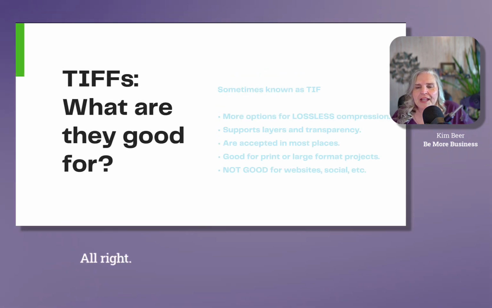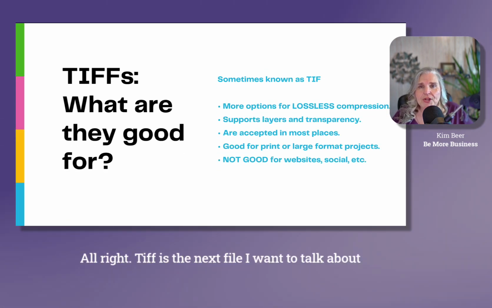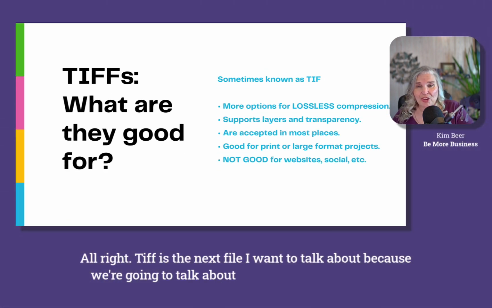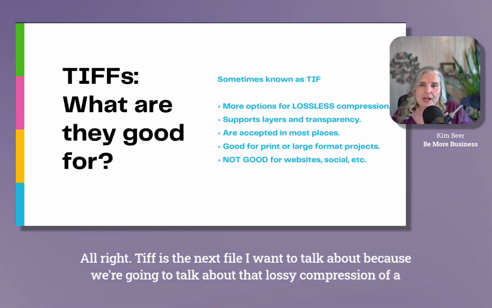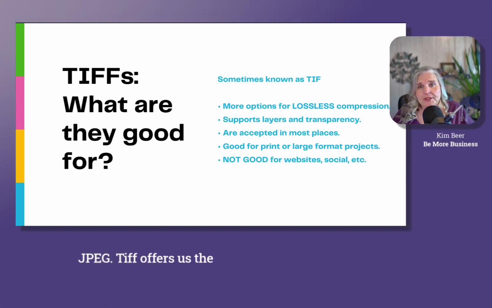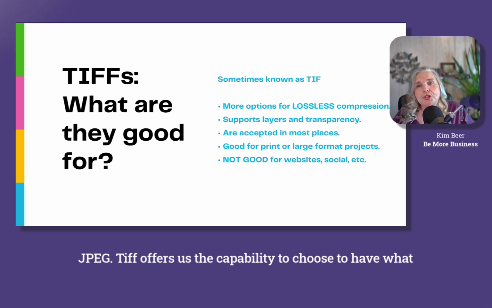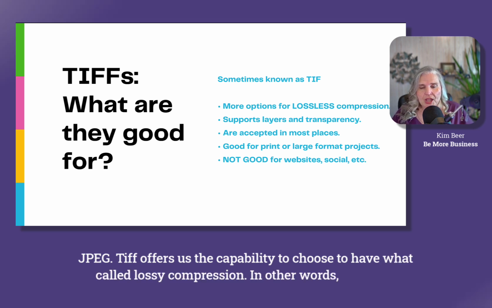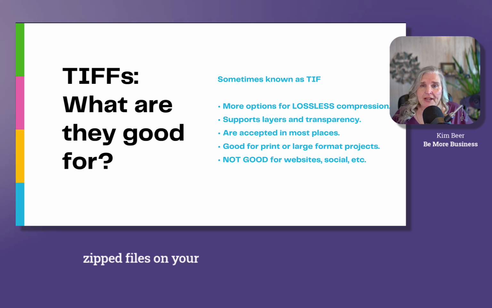All right. TIFF is the next file I want to talk about, because we talked about that lossy compression of a JPEG. TIFF offers us the capability to choose what's called lossless compression. In other words, you have zipped files on your computer.